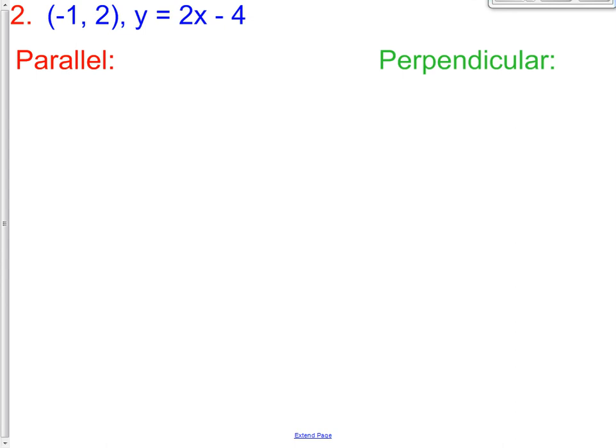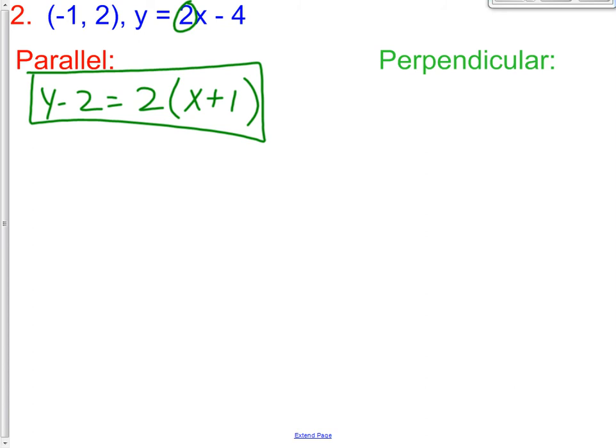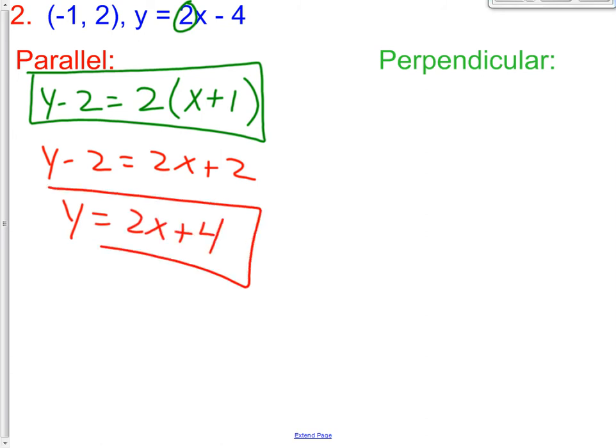So for parallel, here's what you should have gotten. You should have gotten y minus the y coordinate equals m, which our slope is 2, times the quantity x minus the x coordinate. So x minus the minus 1 is x plus 1. Here is answer number 1. Answer number 2: y minus 2 equals 2x plus 2, so y equals 2x plus 4. There should have been answer number 2.